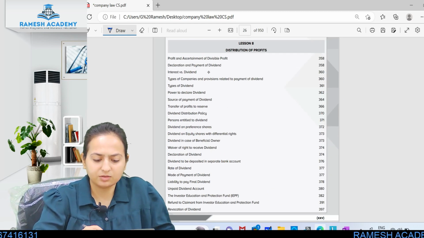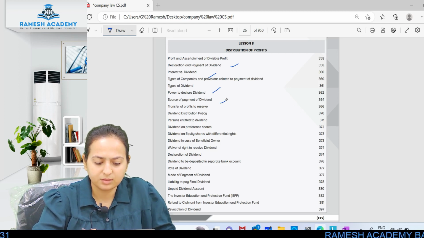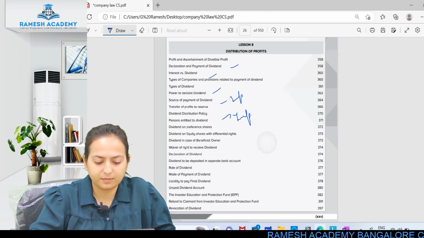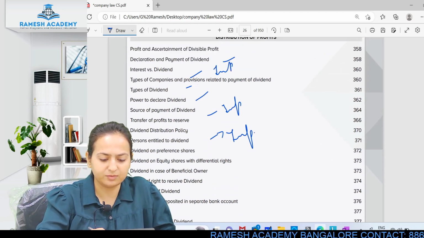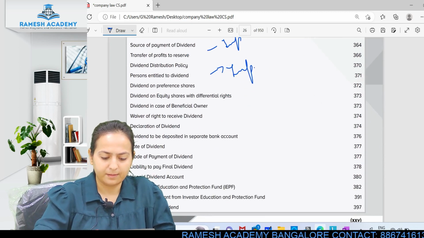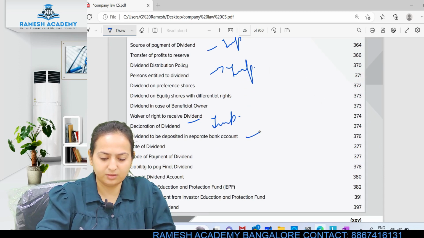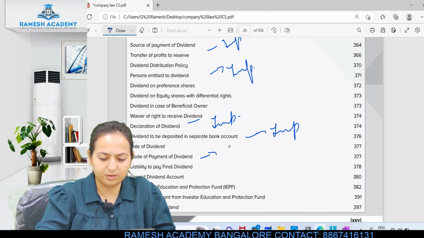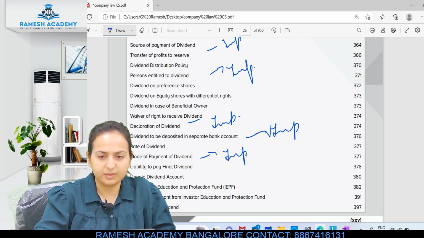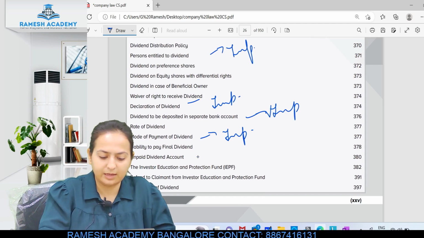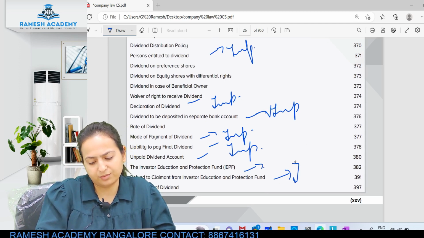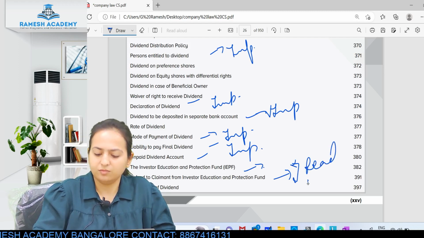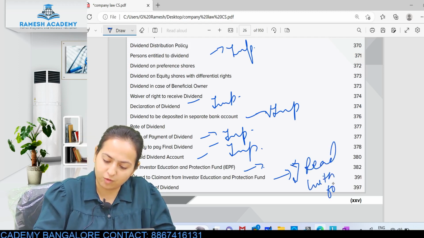So mark down these important topics: transfer, interest versus dividend, important difference, types of dividend important, declaration of dividend is important, separate bank account very important, modes of payment it is important, liability, unpaid dividend account important, IEPF read with forms.